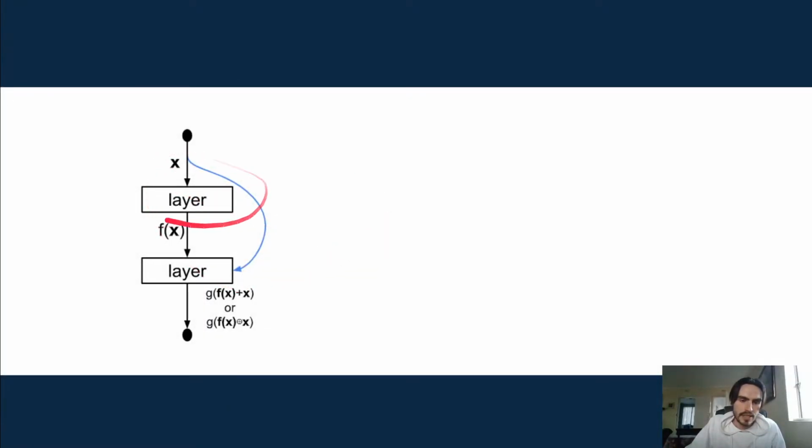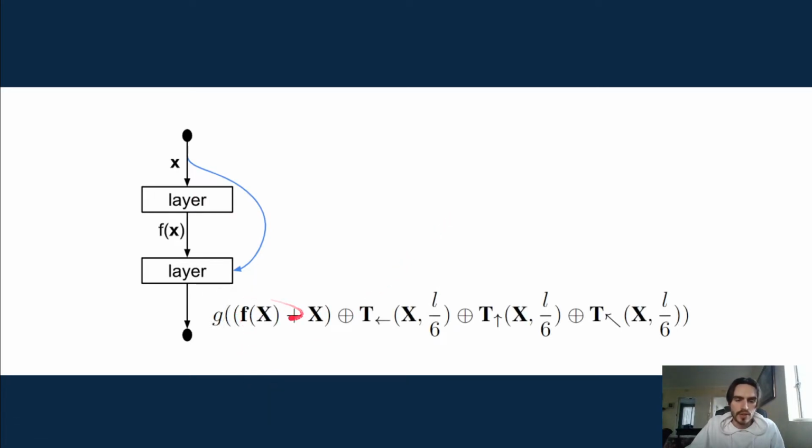So we essentially extend this concept of the skip connection with the translation function. Instead of having g of f of X plus X, or g of f of X concatenated with X, we use this as our skip connection. It combines both types of skip connections, additive and concatenative. And that decision isn't as arbitrary as it sometimes is.